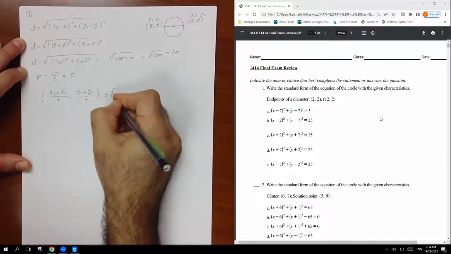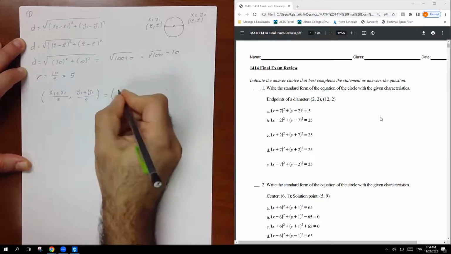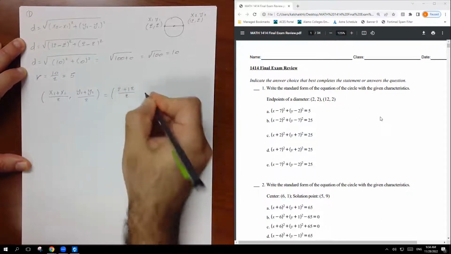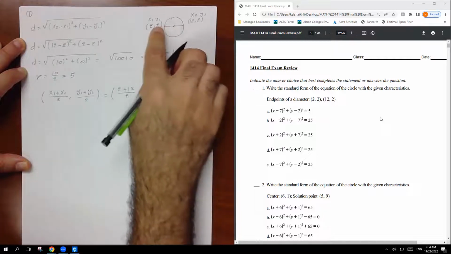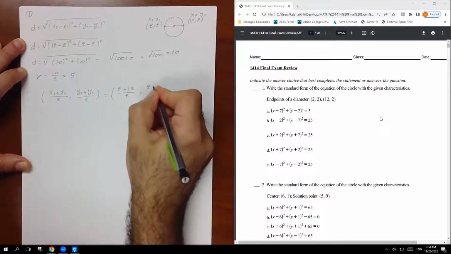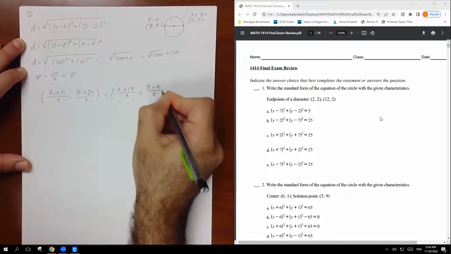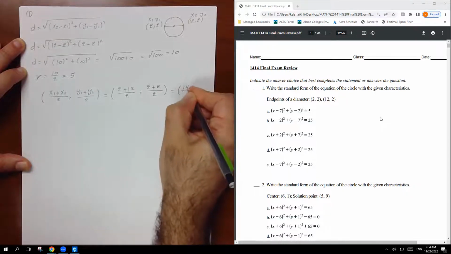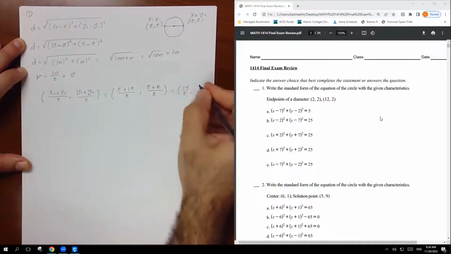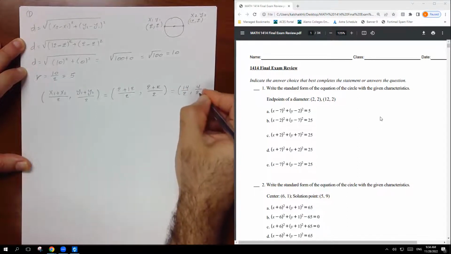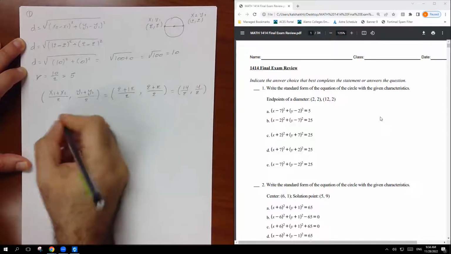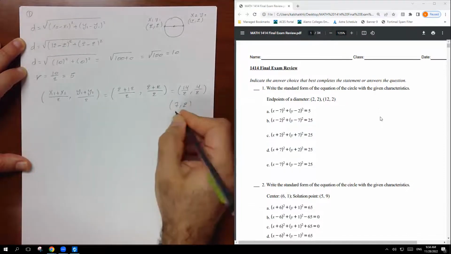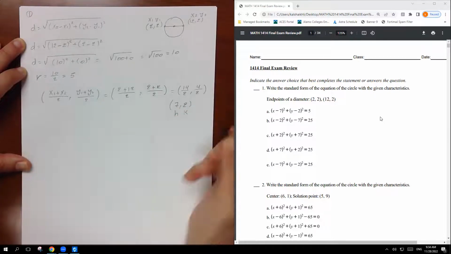That's 2 plus 12 divided by 2, and 2 plus 2 divided by 2. That's 14 divided by 2 and 4 divided by 2. So our center is (7, 2). This is the h, and here's the k.